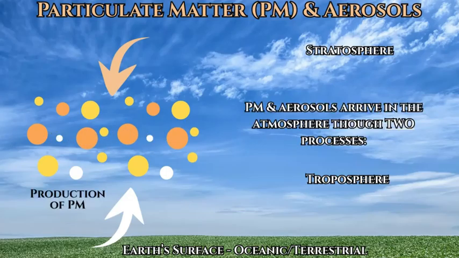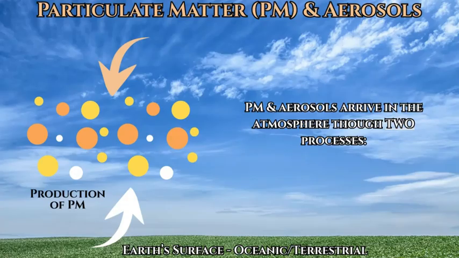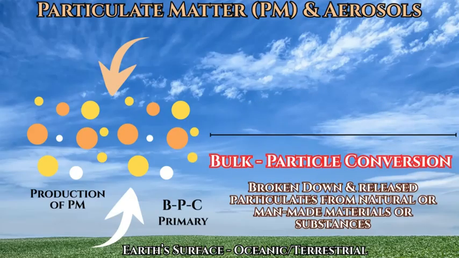They reside in the atmosphere, mostly the troposphere and stratosphere, and how they get there is through two main processes. The first process is from the Earth's surface, either from the oceanic or terrestrial landscapes, and this is called bulk to particle conversion, or BPC, which is a type of primary particulate matter, which means directly into the atmosphere from a certain source.